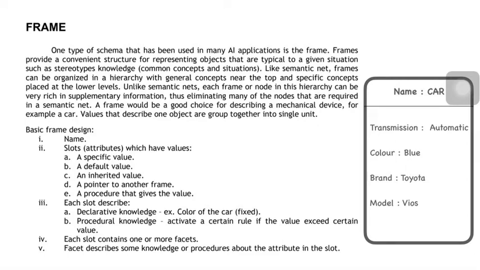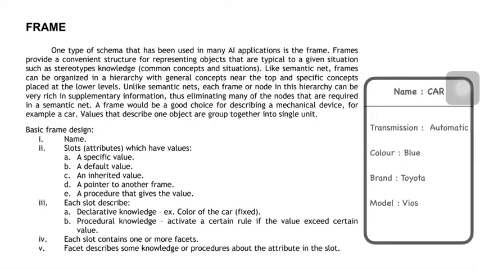Just like semantic networks, frames can also be organized in a hierarchical manner, with the general concepts on the top and some specific concepts placed at the lower levels. However, frames represent knowledge more richly than semantic networks because they can eliminate many of the nodes that exist in semantic networks.